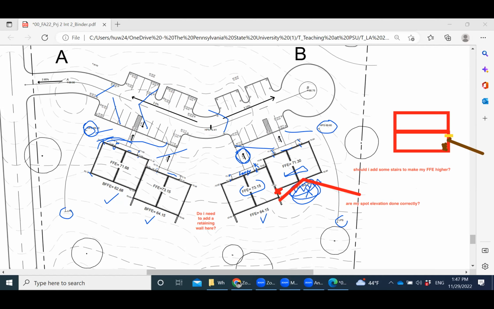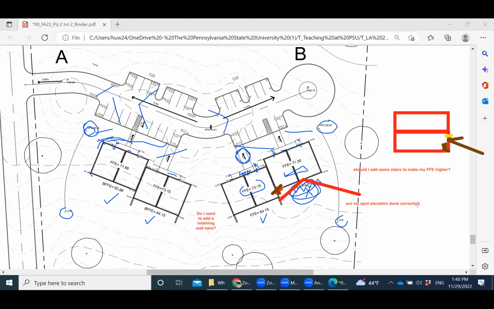Here, if this is the case, I'm at 66 over here, and this is lower, which is totally fine. I can still have a little bit of window there. I just can't walk out. I would have a window. Thank you. Anything else?